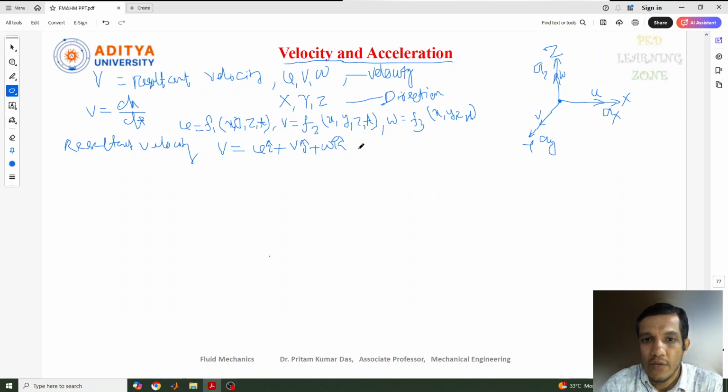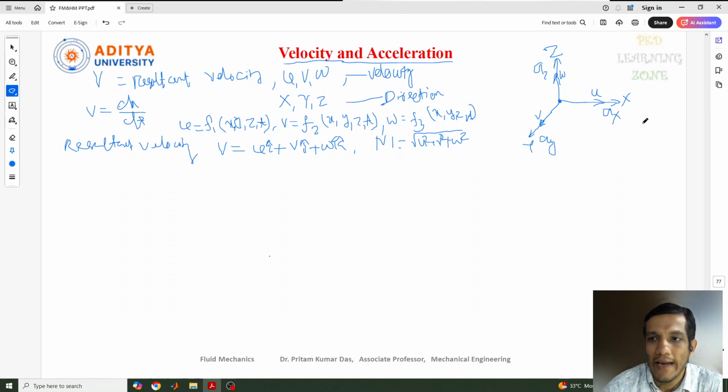These are the vector notations, i, j, k cap. If you want to write the magnitude of the resultant velocity, you can write it this way: the square root of u square plus v square plus w square. And this is all about the velocities, how the fluid is flowing in all the directions.